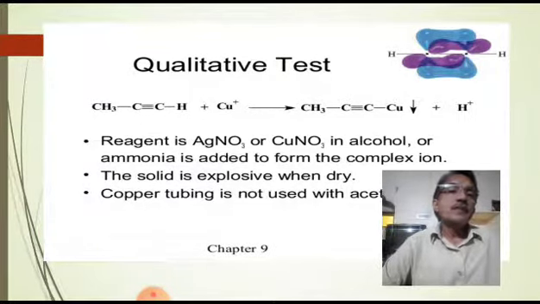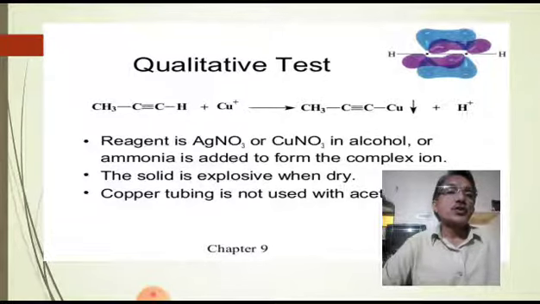When methylacetylene or propyne is treated with cuprous oxide, the hydrogen atom of propyne is substituted by the cuprous ion.